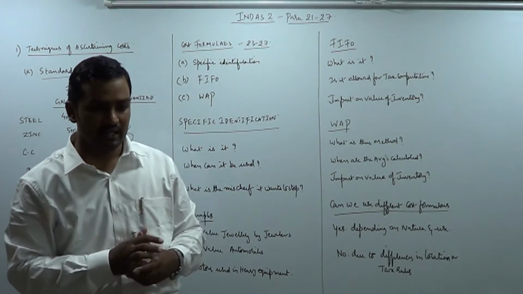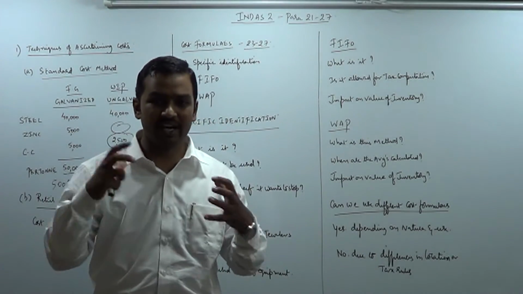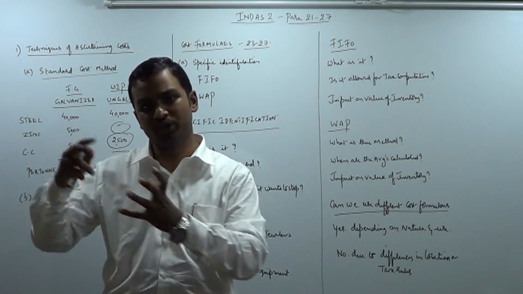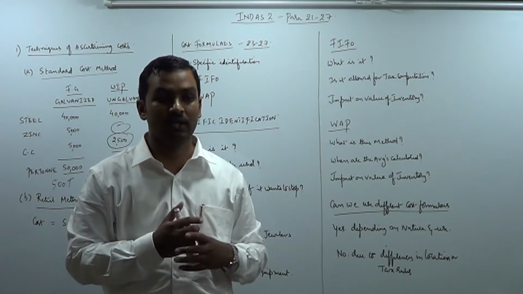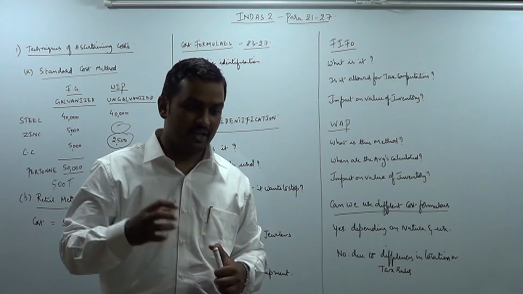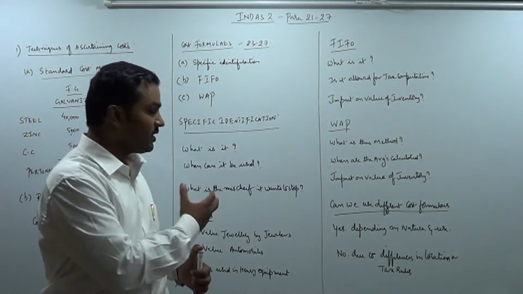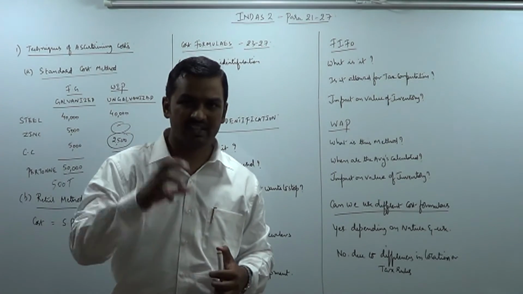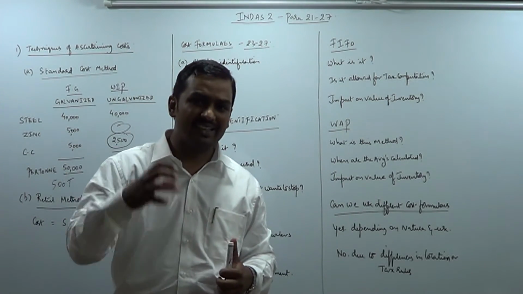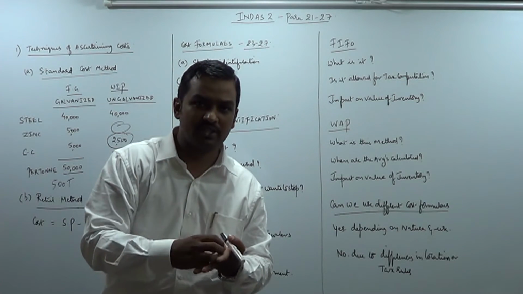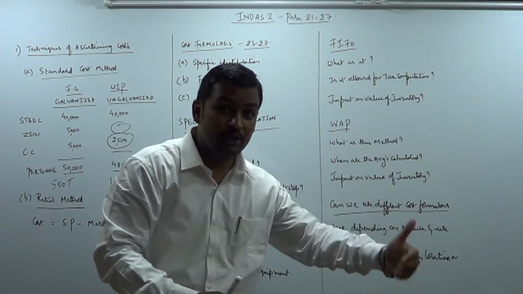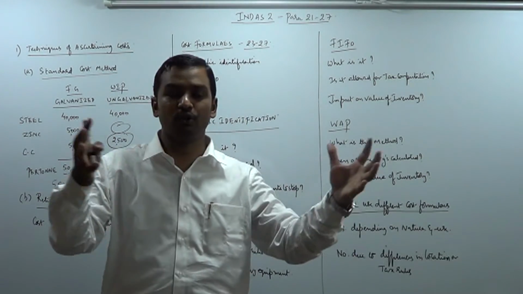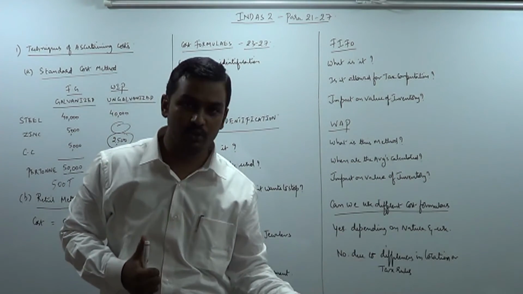So let us say a company has purchased high value goods throughout the year, some goods at the beginning of the year at a low price and at the end of the year at a high price. Now if the company is not adopting specific identification method, the company may wantedly consume goods which were purchased at a low price so that the remaining goods are valued at a high price and the value of closing stock increases and the profits also increase.